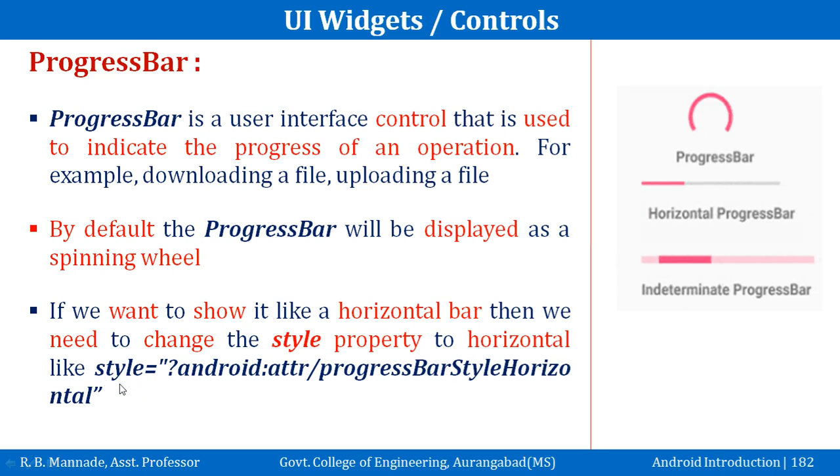For example, android:style equals, in double quotes you have to specify this string: ?android:attr/progressBarStyleHorizontal, and it should be the same as it is shown in this particular slide. It means B, S and H letters should be in uppercase and other letters should be in lowercase. So using this style attribute, we can change its default appearance to the horizontal appearance of a progress bar.